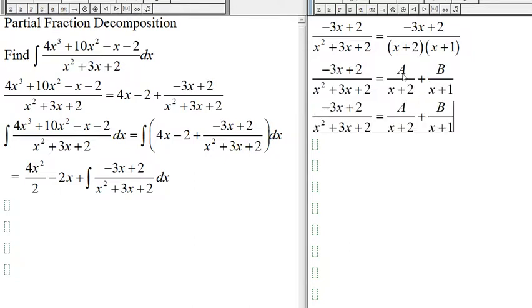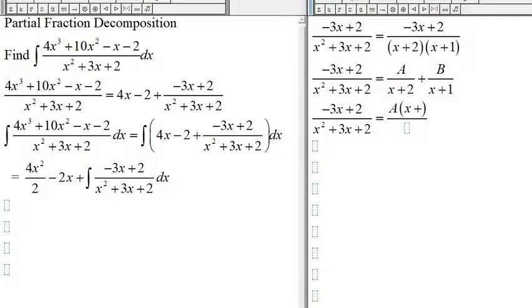And then here we have a fraction plus a fraction, so we can do cross multiplication. So it would be A times x plus 1, and then B times x plus 2, and then dividing by the product of the two denominators, so the x plus 2 and then x plus 1.